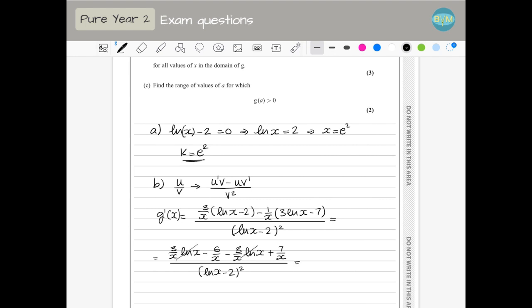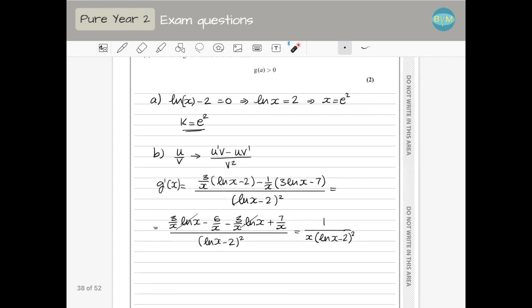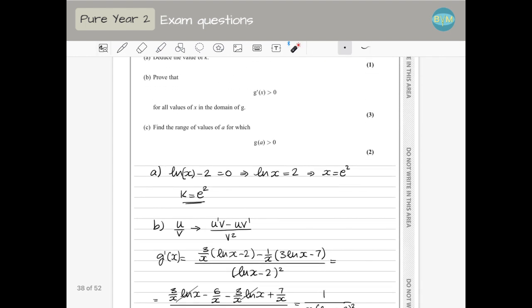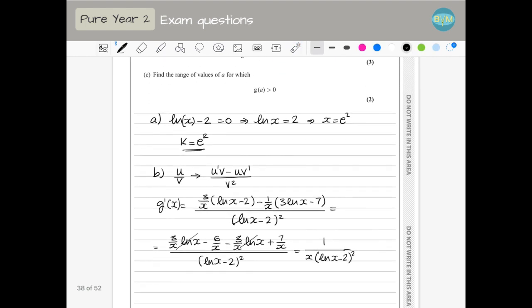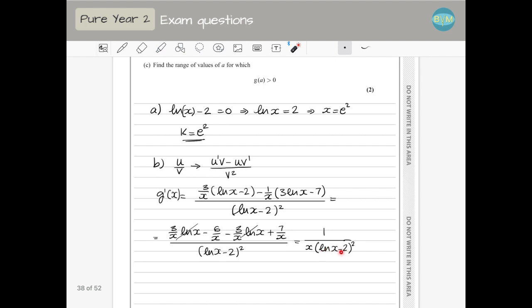I can cancel this with this, and then I have 7 over x minus 6 over x, which is 1 over x. I can bring the x to the denominator or leave it, it doesn't matter. Ln x minus 2 squared.